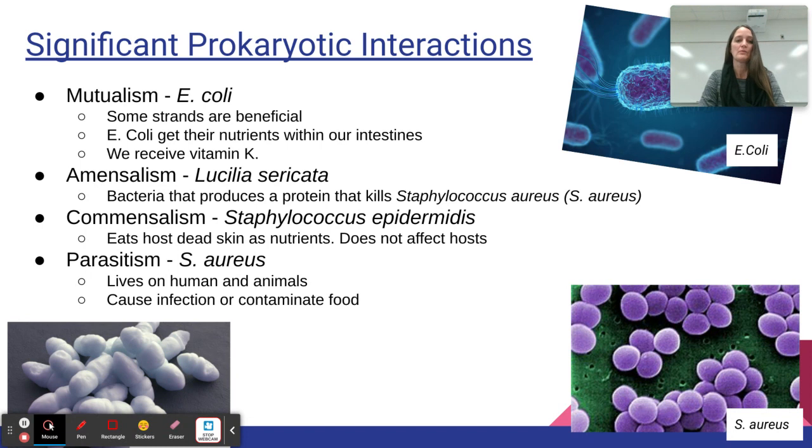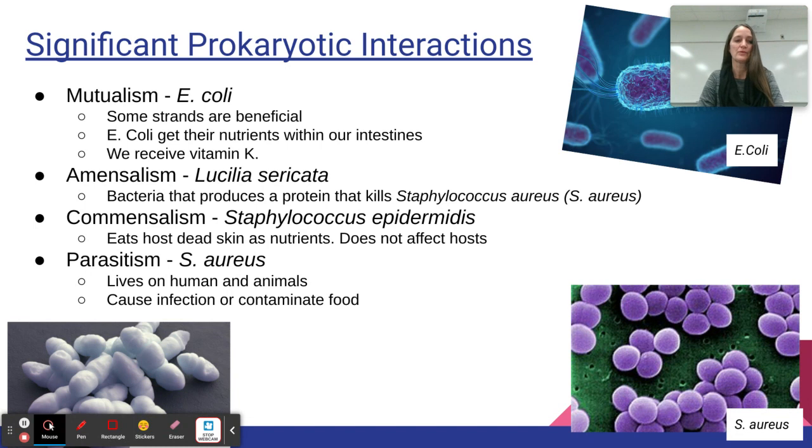And with this bacteria, it will eat host dead skin as their nutrients, and then that host is not affected at all.